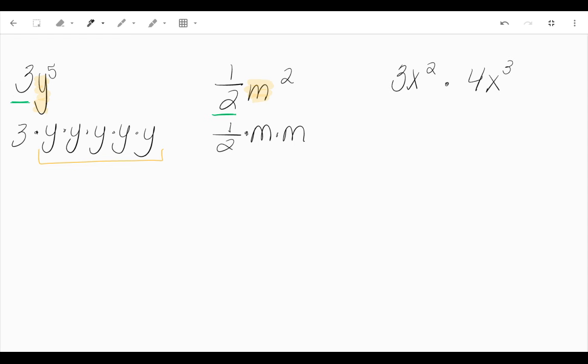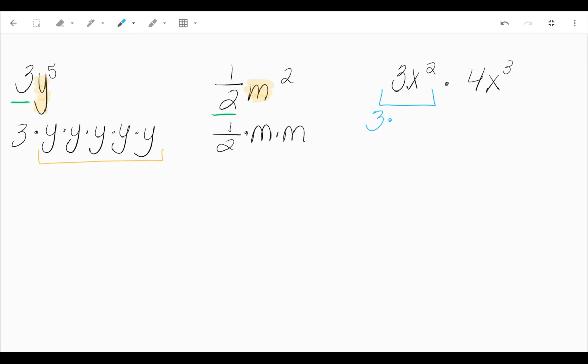The last problem was a little different because now we're using multiplication, so we're going to have to do a little simplifying at the end. But I'm just going to take this part by part first. So if I look at this first part right here, I have a 3 as my coefficient, and then I have x to the power of 2.